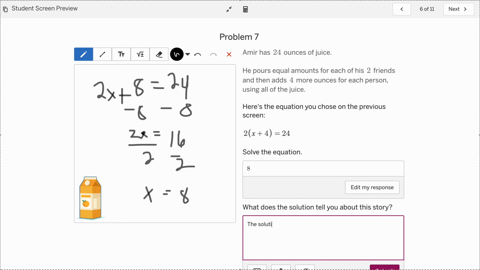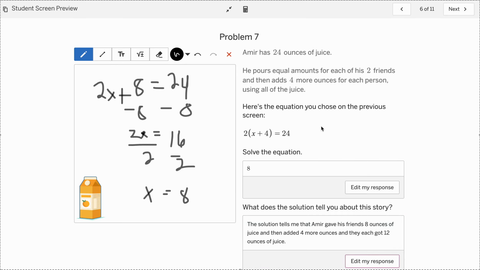The solution tells me that Amir gave his friends 8 ounces of juice and then added 4 more ounces, and they each got 12 ounces of juice. That's what it tells me. Now, that should be the answer to your question.